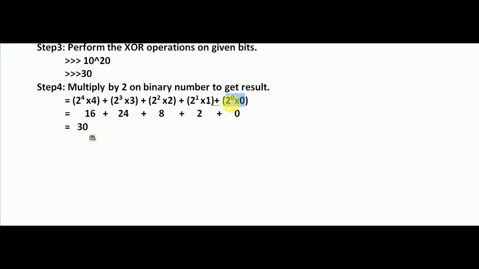Here we have 0 into 2 to the power 0, 1 into 2 to the power 1, 2 into 2 to the power 2, 3 into 2 to the power 3, and 4 into 2 to the power 4. When we calculate all these, we will find the value in decimal, that is 30. This is our final answer.